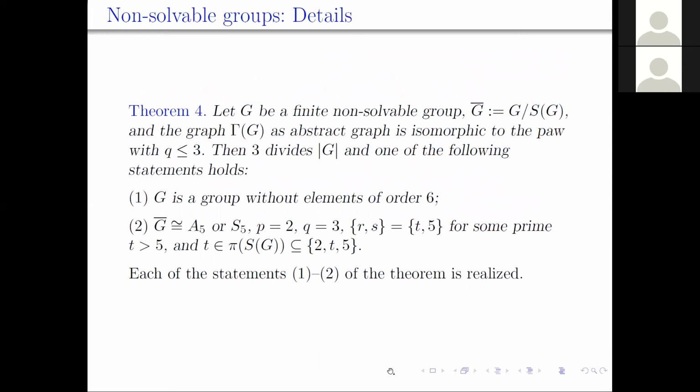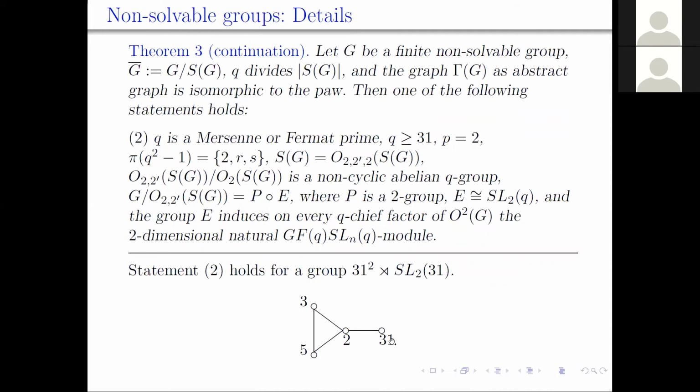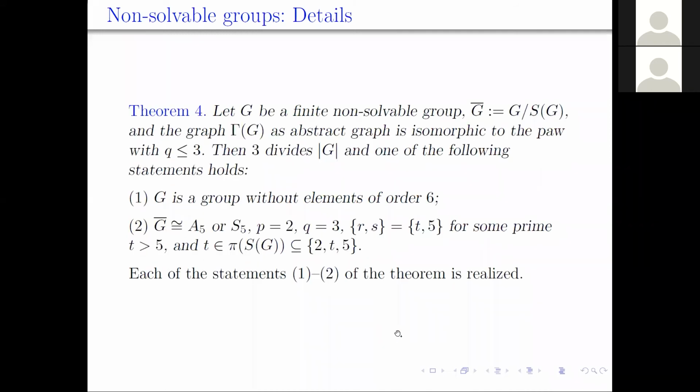The last result: let G be a finite non-solvable group, and the graph gamma of G as an abstract graph is isomorphic to the pole with vertex of order less or equal to 3. Then 3 divides the order of G. There exist two possibilities.